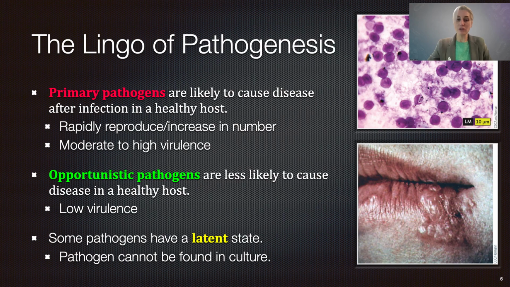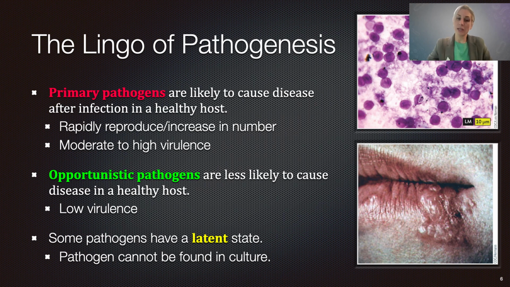Some of these pathogens also have latent states, and depending on the person's immune system, latency can be the suppression of a disease where we don't see it, or it can be the expression of a disease more frequently if someone's immune system can't control that latent state. Here we see an example of HSV. This is the herpes simplex virus.